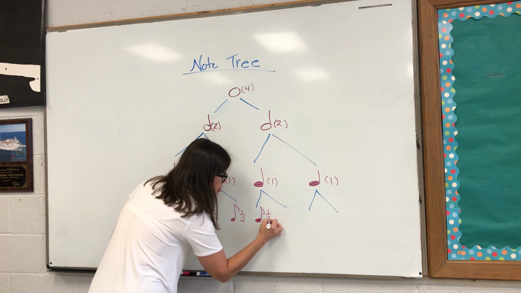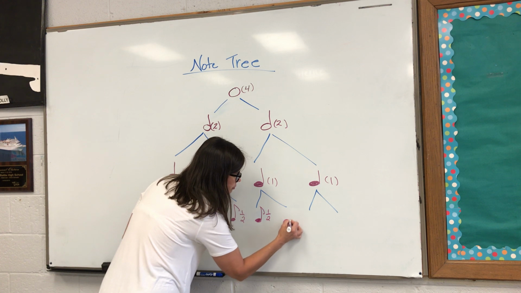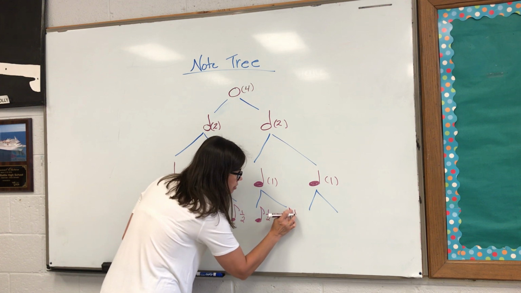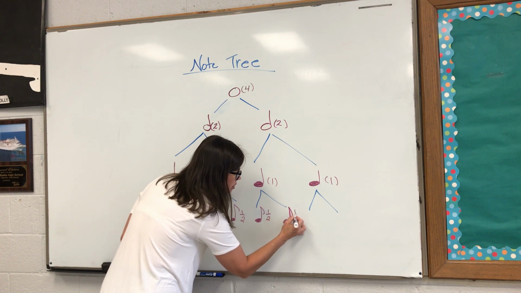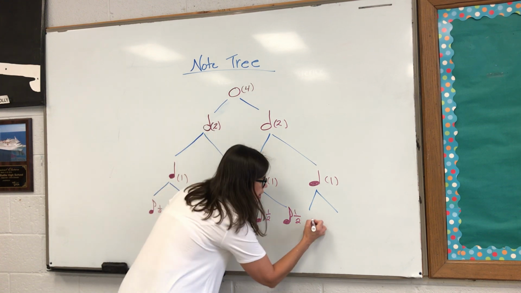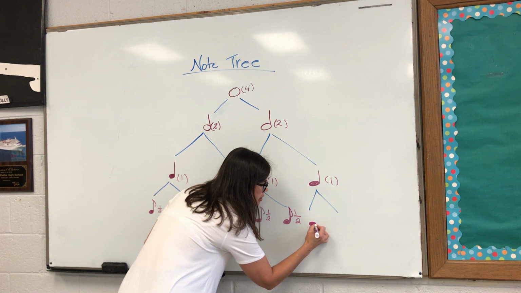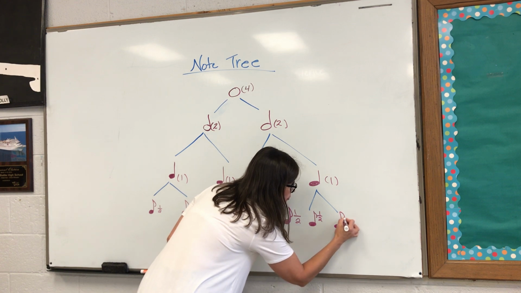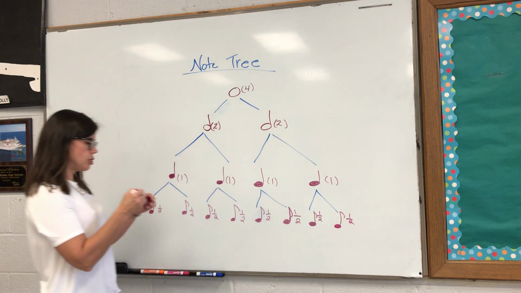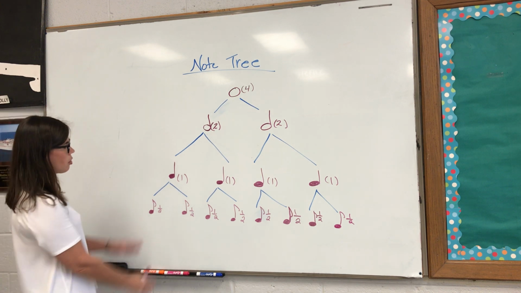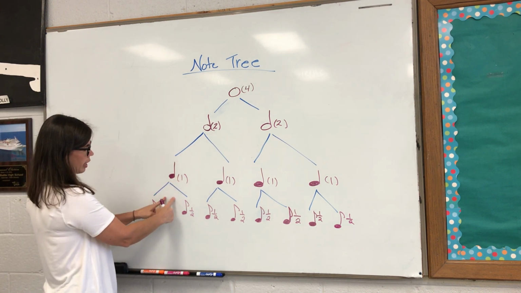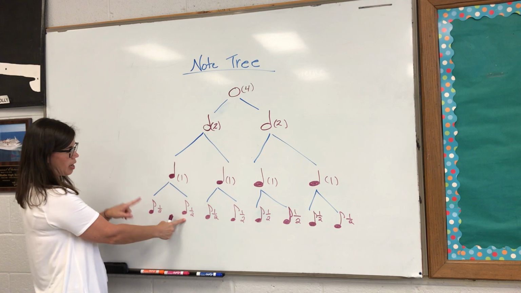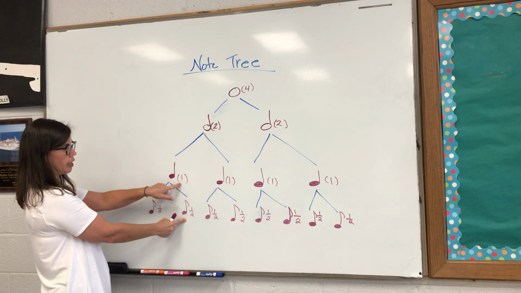It's going to take me just a second to get this written down. If you want to write this down and copy this in your binder, this would probably come in handy when you go back to fill in the note tree assignment at the end of this. Oops, I forgot to put a flag on it. Okay, so let's look at our relationships. Every quarter note can be divided into 2 eighths. A half plus a half equals 1.